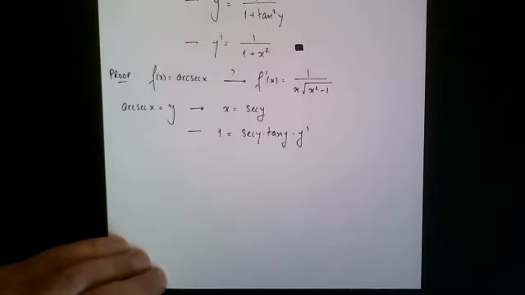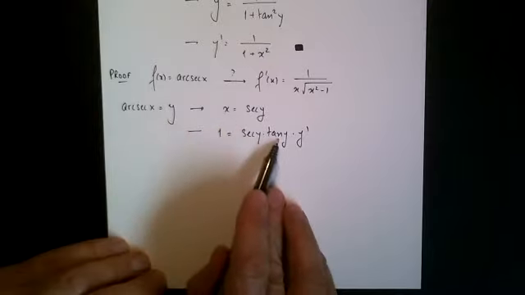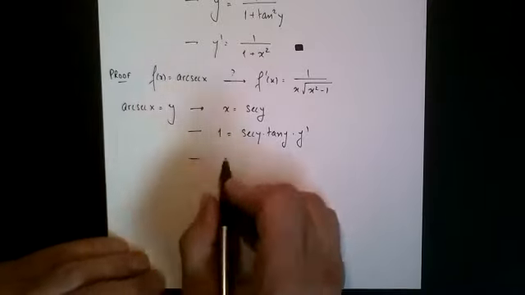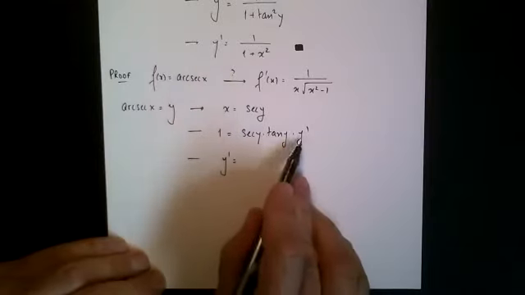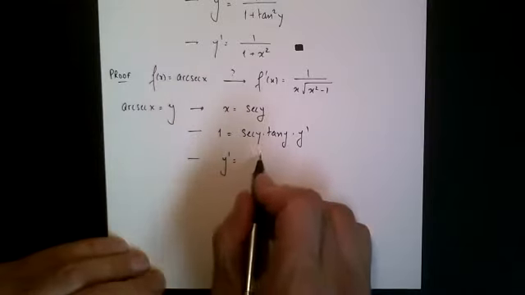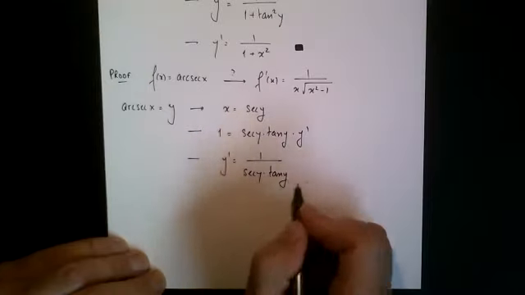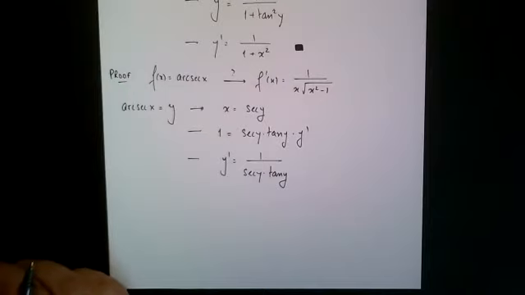The derivative of secant is secant tangent and times, of course, the y prime. And so y prime will be 1 over secant tangent. Any questions?